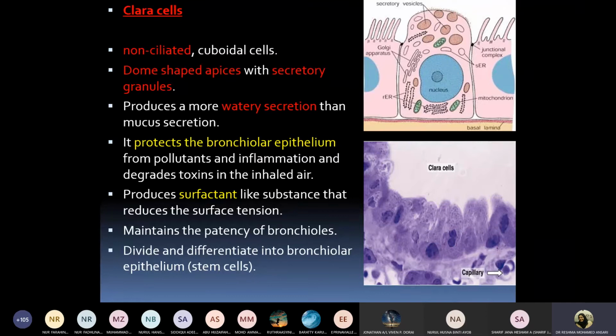They have a lot of secretory granules, present in dome-shaped apices. They produce a watery secretion like your serous cells, and it protects your bronchiolar epithelium. Plus, they also produce a surfactant-like substance and maintain the patency of the bronchioles, and they can also function as stem cells.